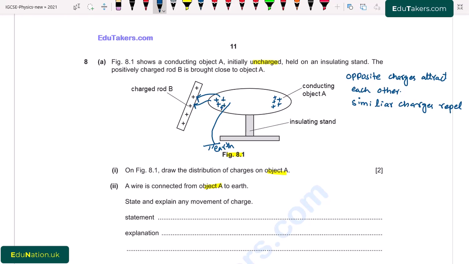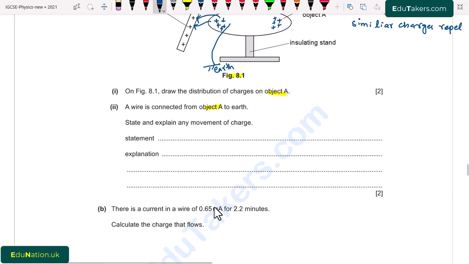And now the conducting object A is totally positive. So the charges from the ground will shift onto the conducting object A to balance the excess positive charge. That's why I write here in the statement that the negative charges flow from earth to object.